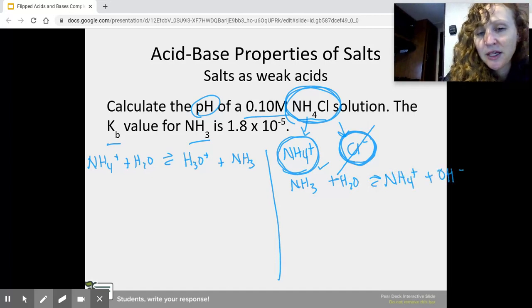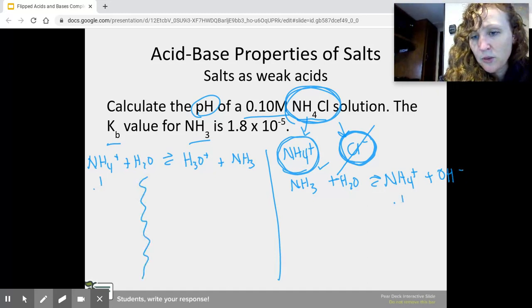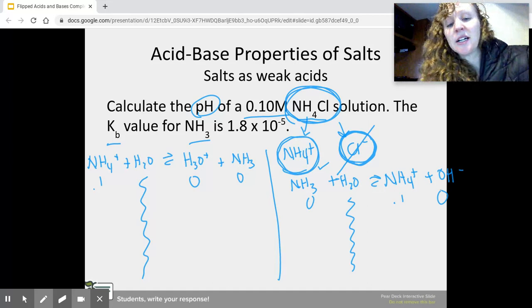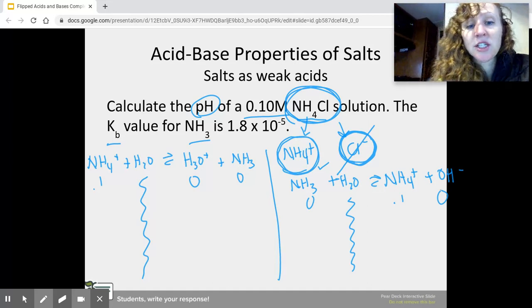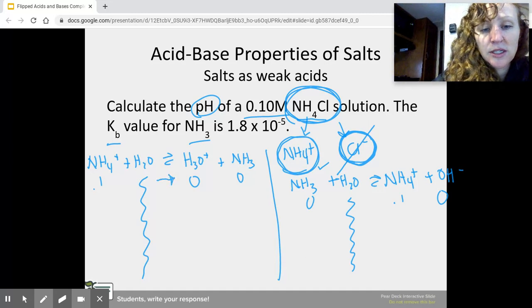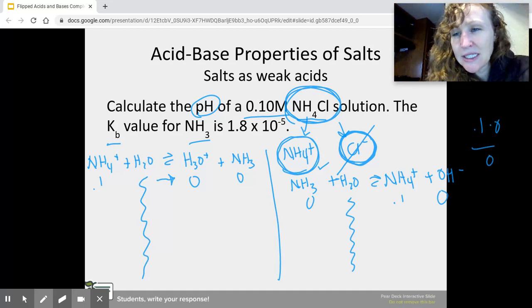Okay, now if I plug in the information I have 0.1, I can ignore anything that's a liquid. 0, 0, 0, 0. Okay, so which one's cleaner? Remember, the next thing we have to decide is which way the reaction is going to go. This one clearly goes in this direction. This one, if I plug in the Q, 0.1 times 0 over 0, I have a 0 in the denominator.